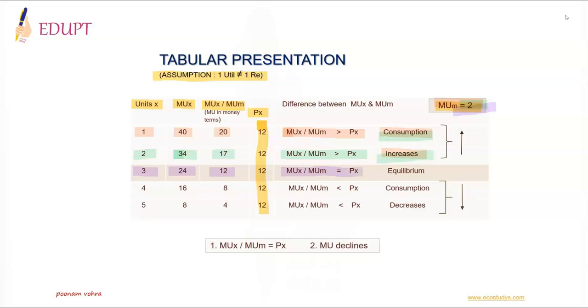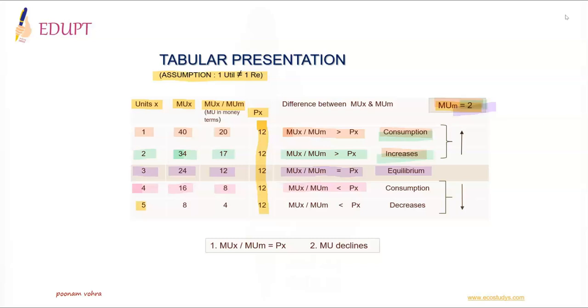price of commodity X. If the consumer consumes another unit, marginal utility further declines to 16. In money terms, it is now 8. When compared with price, the consumer finds that his benefit is less than the cost.